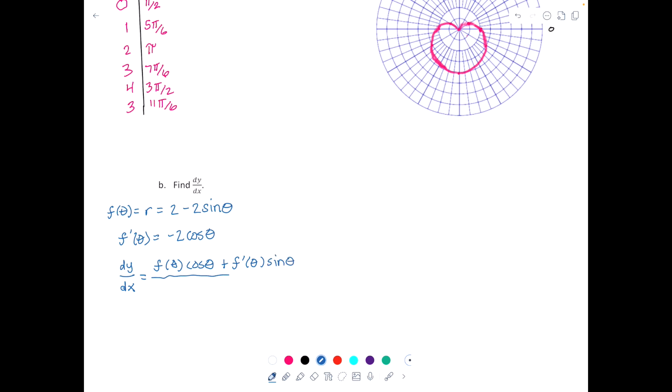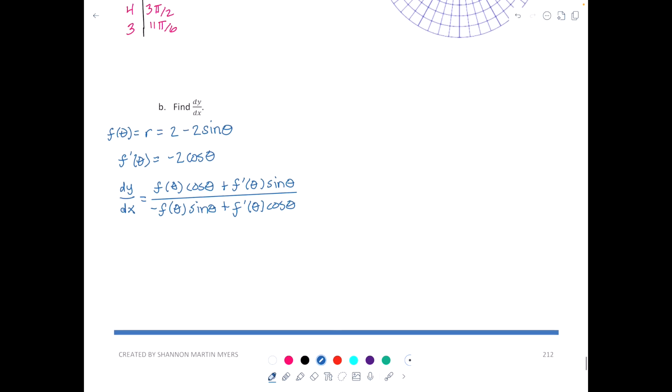This is just dy d theta. And then we have negative f of theta times sine theta plus f prime of theta times cosine theta. Cool? And so let's do this. We found f prime of theta. So now let's find out what dy d theta is, which is that numerator, all right, in terms of our graph.